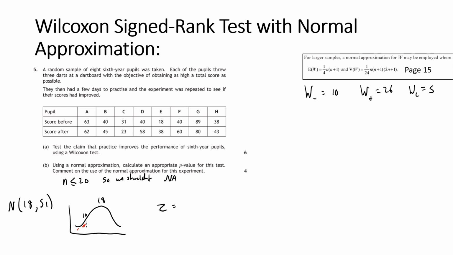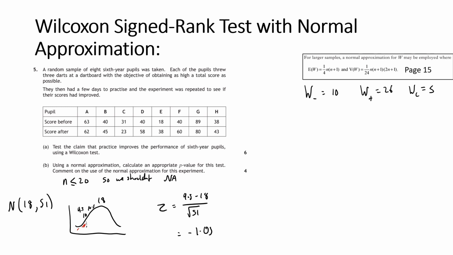So 10 turns into 9.5 and 10.5. This is more talked about in our normal approximation video. So instead of 10 minus 18, it's 9.5 minus 18 over the standard deviation, which is root 51, and that gives us negative 1.05.